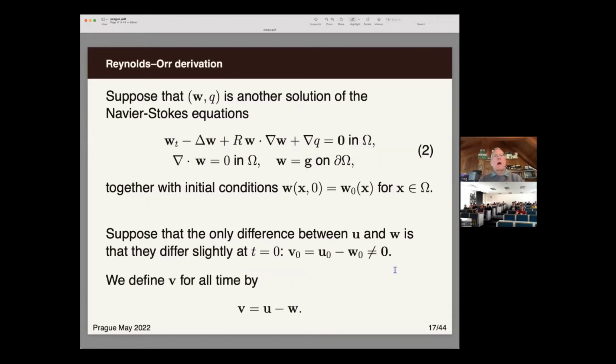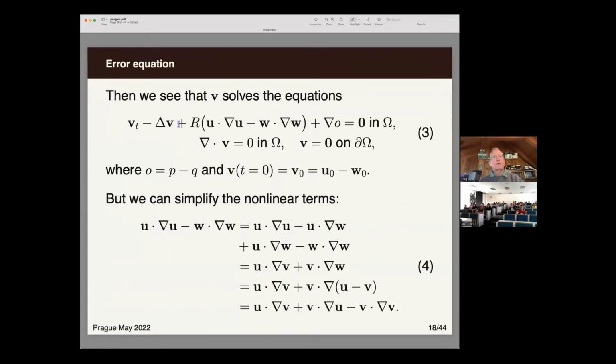Here's how that's derived. You take a solution W of the Navier-Stokes equations with slightly different initial conditions, and we pose V as the difference U minus W. So that's the perturbation term. We can write down an equation for V. It looks a little bit like Navier-Stokes, except that the nonlinear term, of course, is more complicated.